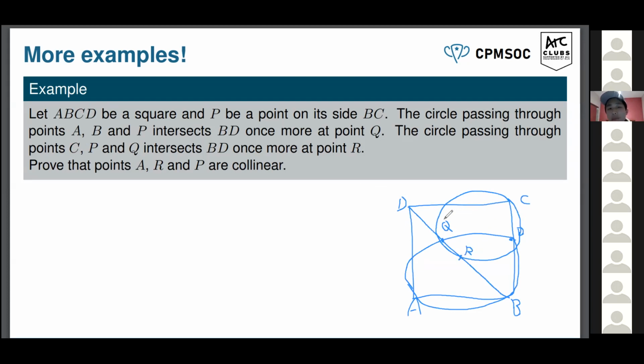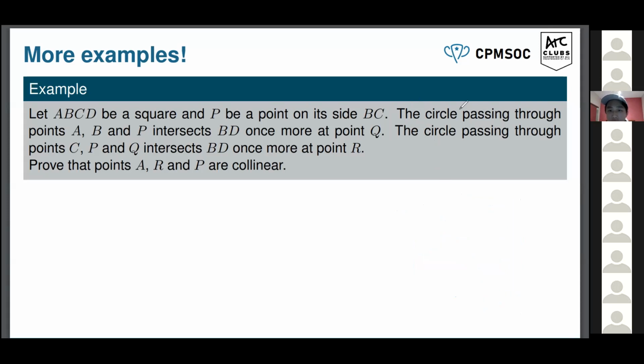Now, this diagram might look super messy. So what we want to do is draw a part of it first and try to see if we can get any information out of a section of this diagram. And then we'll try to finish our diagram and see if we can get more information.